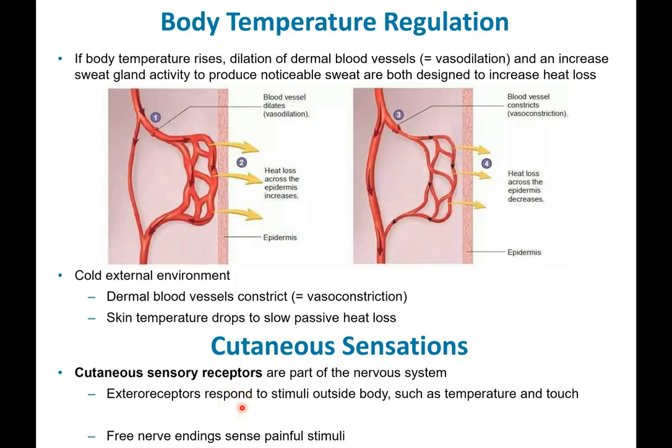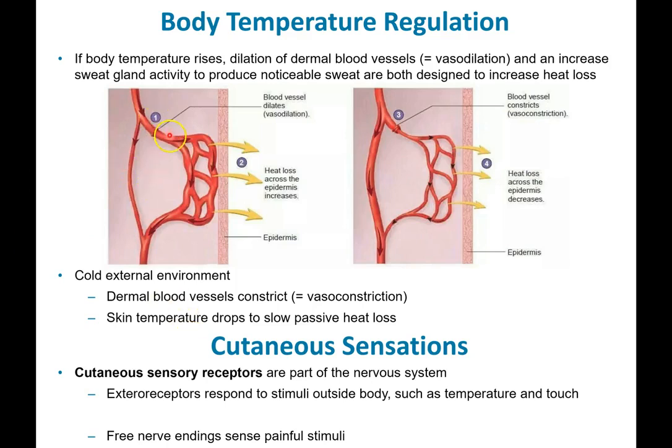Now, the skin plays a critical role in the body's thermoregulation system. When there is a rise or elevation in body temperature, blood vessels in the dermis will dilate or widen, and sweat gland activity also increases to cool the body back down to homeostatic range.